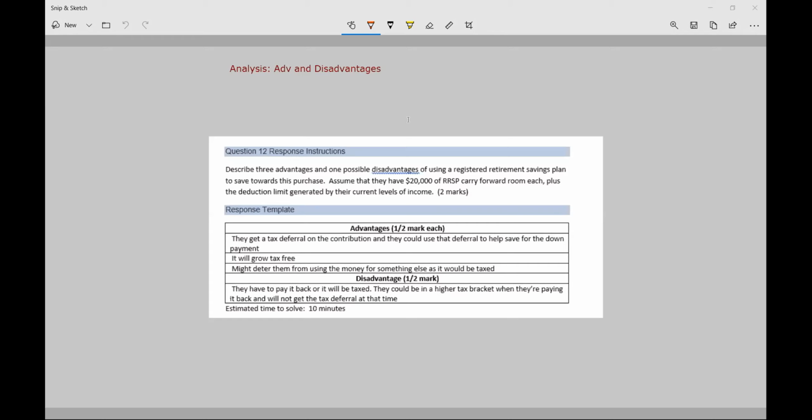Yeah, that's with an RRSP. Now, what do we think about the word tax deferral here? This is why people are hesitant? Yeah, I would say that it's important to get this just right, especially when you're talking about the RRSP.